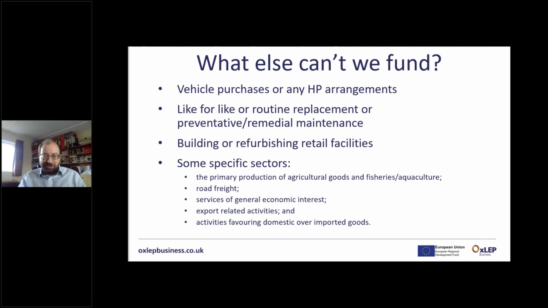Unfortunately, since the UK's departure from the European Union, that website has been archived, so it's no longer available. We have found a replacement reference within one of the EU regulations. So if you're worried that you fall into the category of primary production, please let us know and we can direct you to the relevant guidance.